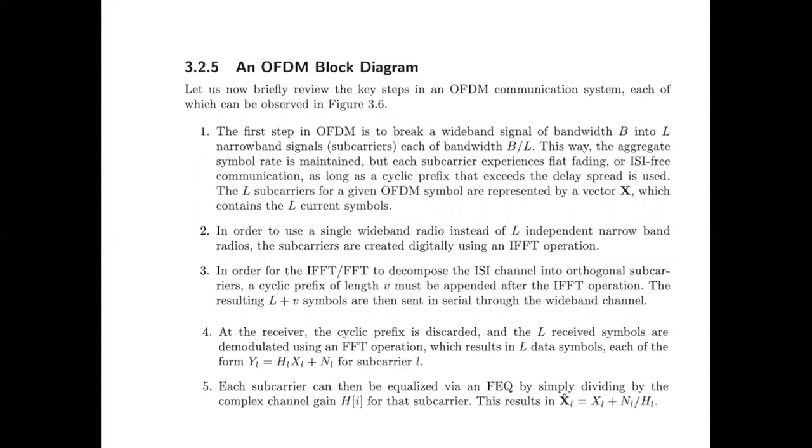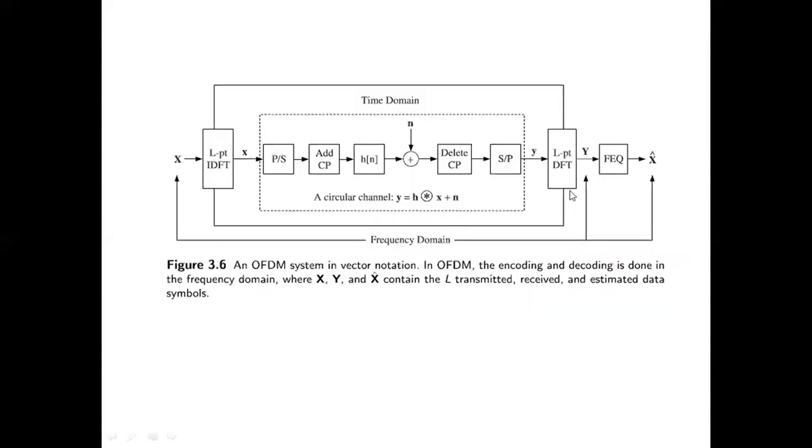I do not suggest this particular block diagram. I would suggest the earlier elaborate block diagram only. This is only for understanding. You can see the original data is in the frequency domain, and this particular channel is in the time domain. That is the whole reason why they took an IFFT at the transmitter and FFT at the receiver.